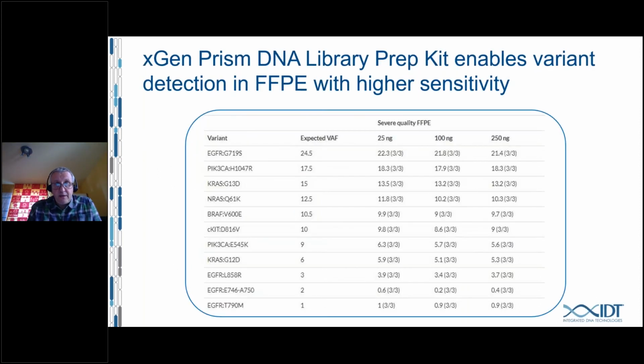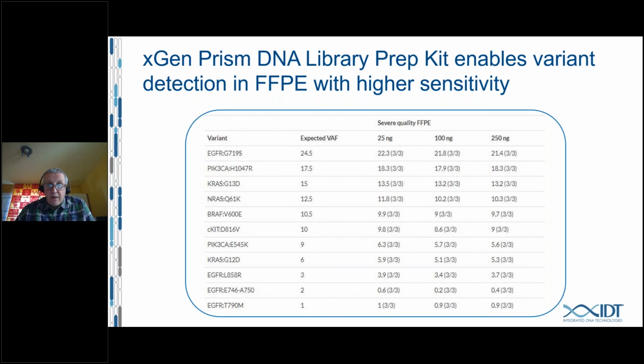When taking the severely degraded FFPE reference material, we made libraries starting from 3 different quantities of input DNA, and libraries have been made in triplicate.